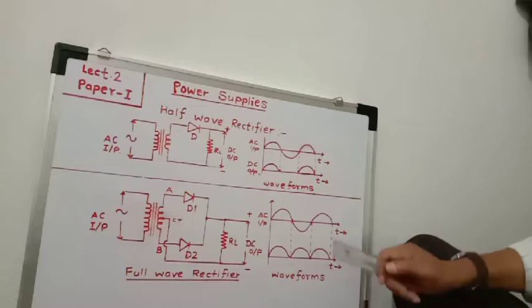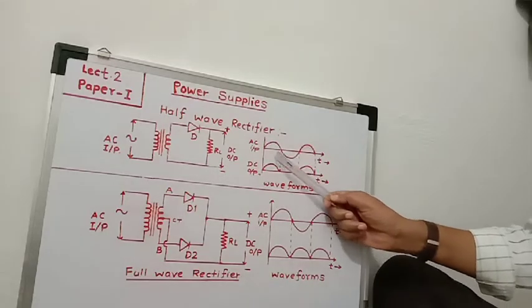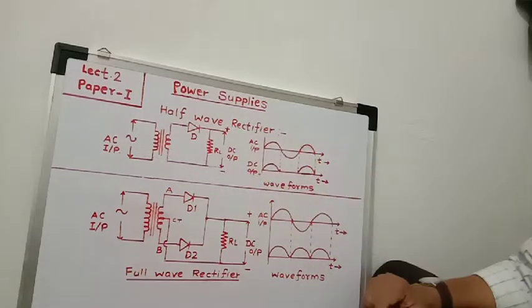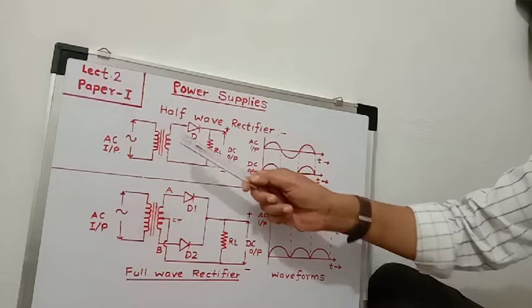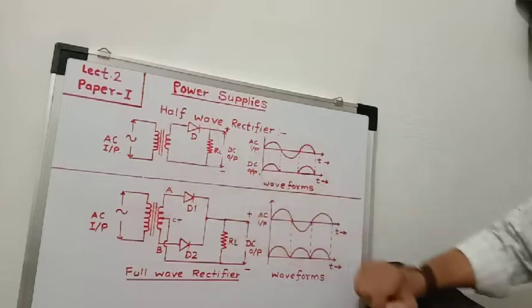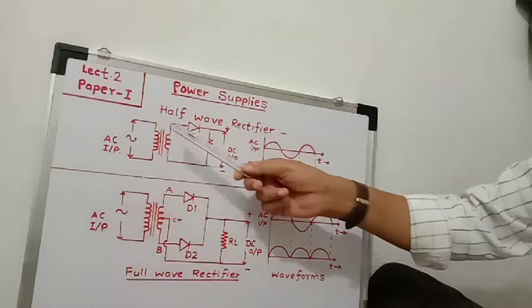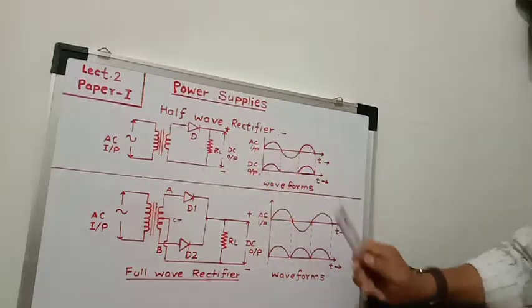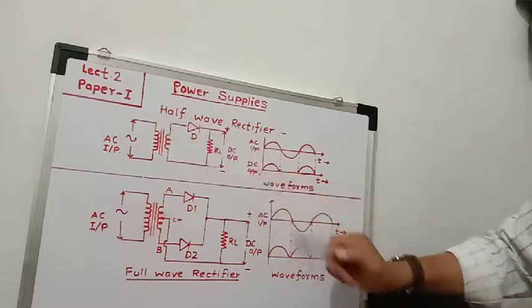Now, during the negative half cycle of this AC input voltage, terminal A becomes negative and terminal B becomes positive. Since terminal A becomes negative, the anode is connected to the negative terminal.